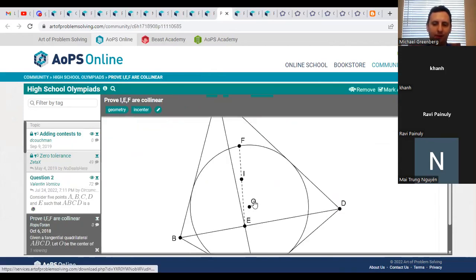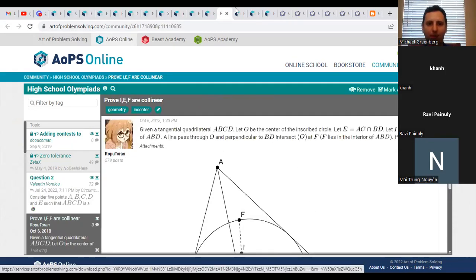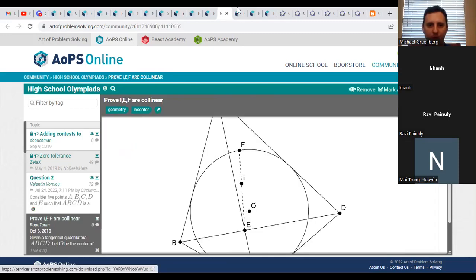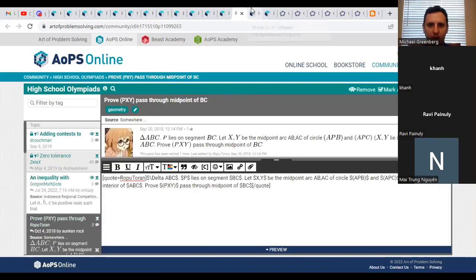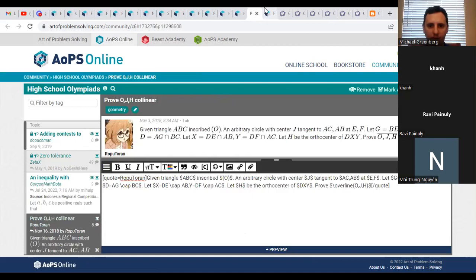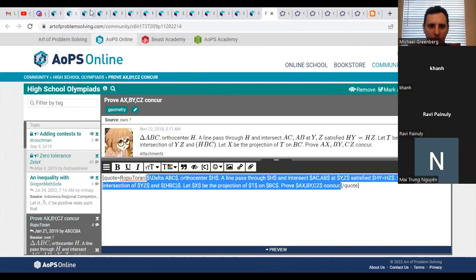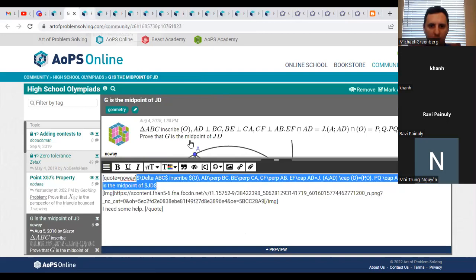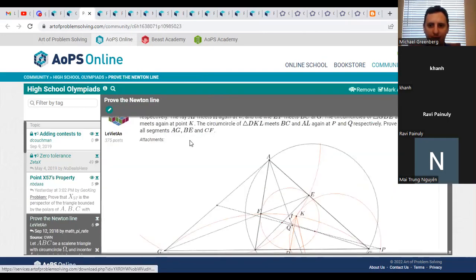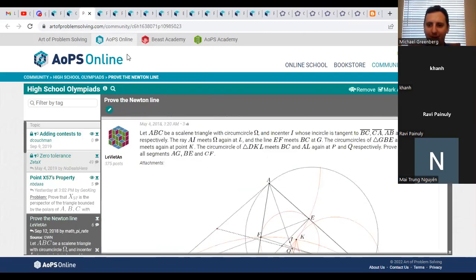This is the one we did in the session last week. This one looks kind of hard right here, right? Let's see if we could try spending the rest of the time on this one.